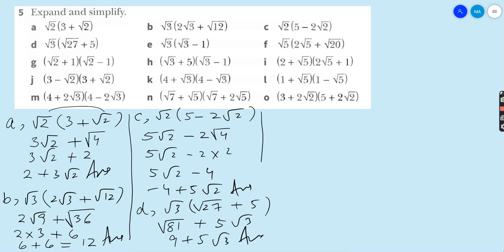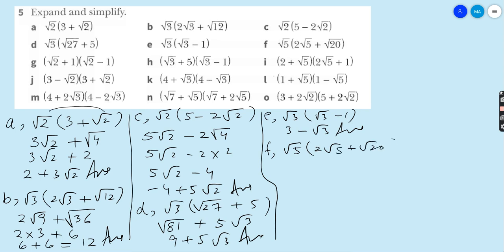Come to part E. Part E, root 3 multiply by root 3 minus 1. Root 3 into root 3 is root 9, and root 9 is 3. Minus root 3 into 1, just root 3. So the answer is 3 minus root 3 in part E. I did this directly. Part F, root 5 multiply by 2 root 5 plus root 20.